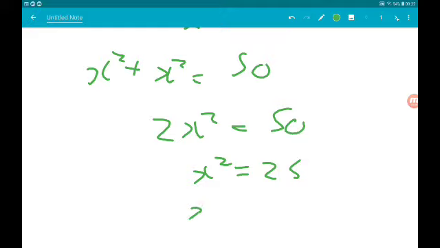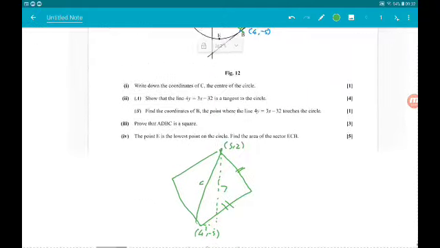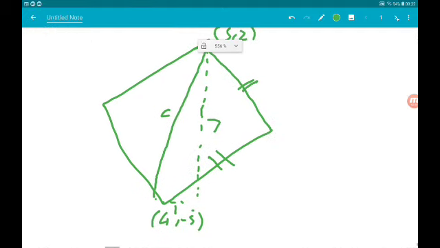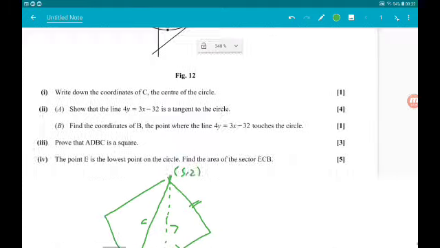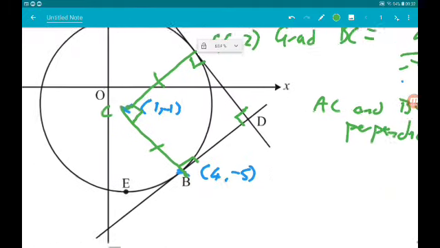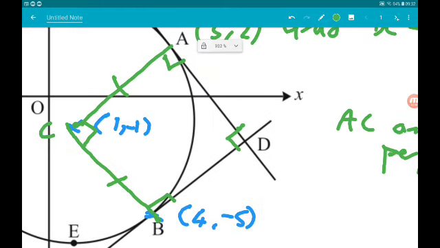So x is 5. So now we know this shape, we have a 4-sided shape with 4 equal sides and 4 right angles, therefore it's a square. Cool.